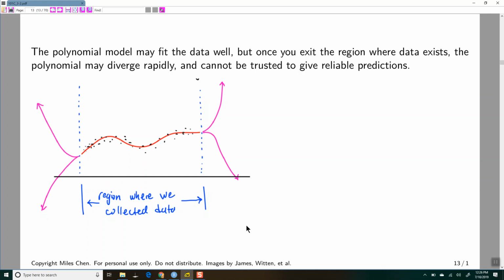So if you think of something like x to the 10th power, maybe it fits nicely for the data, but as soon as you start extrapolating and trying to predict values where you have not collected data, right? So you fit data for 1995 to 2018, okay?